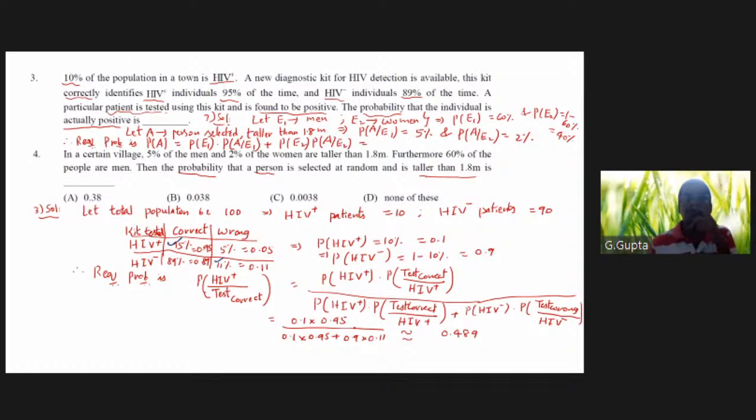Now this is 60%, that is 0.6 into 0.05, plus 40%, 0.4 into 0.02. Approximately, please find it.